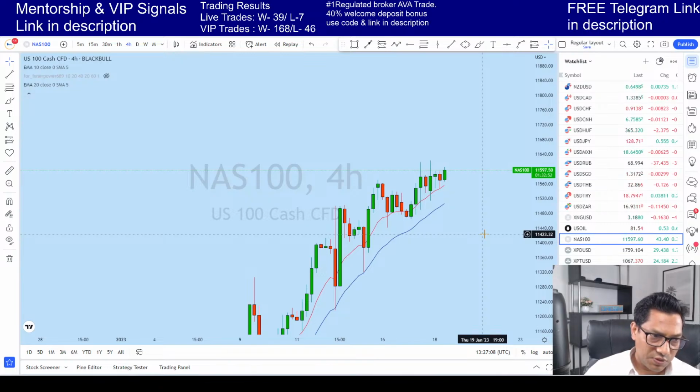Especially in indices, I never open a trade without seeing a false breakout. US30 and especially NASDAQ always move like that. That is why it is so important for me to see at least one candle create a false breakout on an important level, and then I enter the trade.